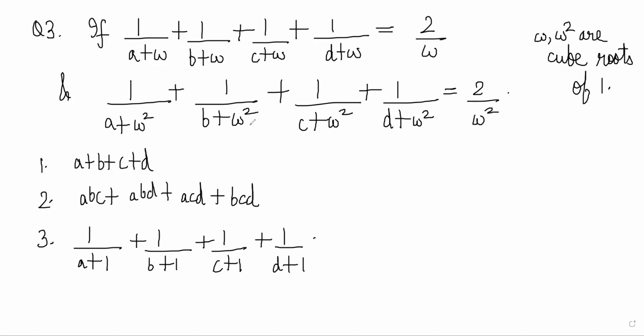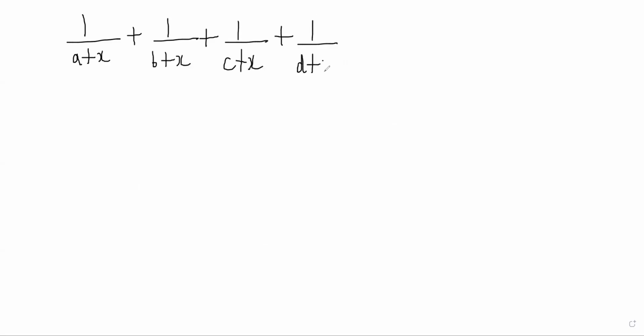Okay. So we have been given two conditions which are very symmetrical. They look like a similar type of condition except w and w square have been exchanged, right? So what we can say is we can construct an equation. Let's say we have an equation like this: 1 by (a plus x) plus ... plus 1 by (d plus x) is equal to 2 by x.